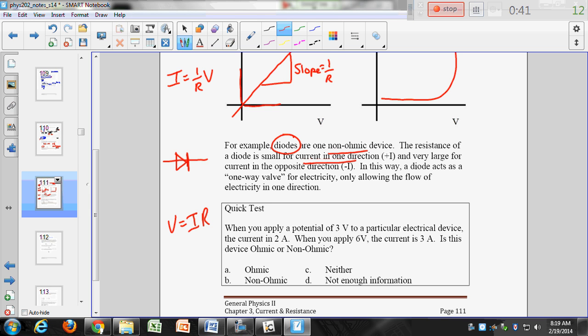So another way of thinking of this, for an ohmic device, the resistance should always be constant. It should never change, unlike for the diode where it does change. So does this resistance change?